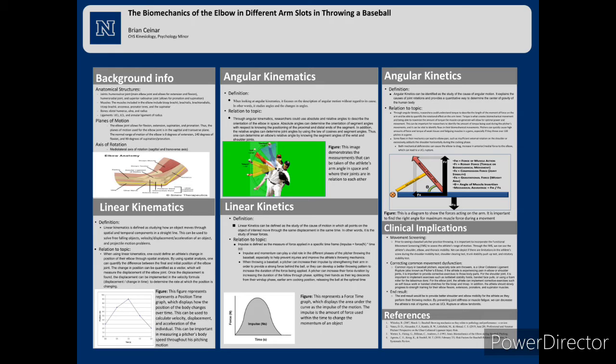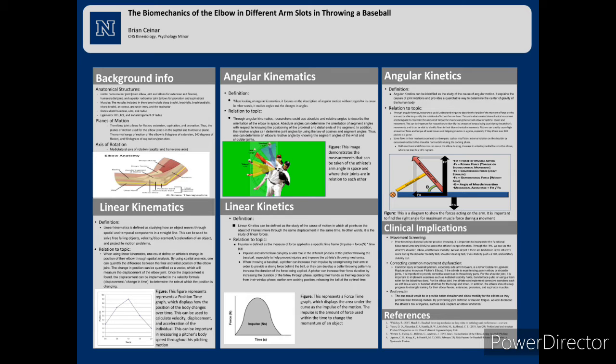We can use this to understand impulse, which is understanding how force is applied over time to change the momentum of an object. Impulse and momentum can play a vital role in the different phases of the pitcher throwing a baseball, especially to help prevent injuries and improper mechanics of the athlete.